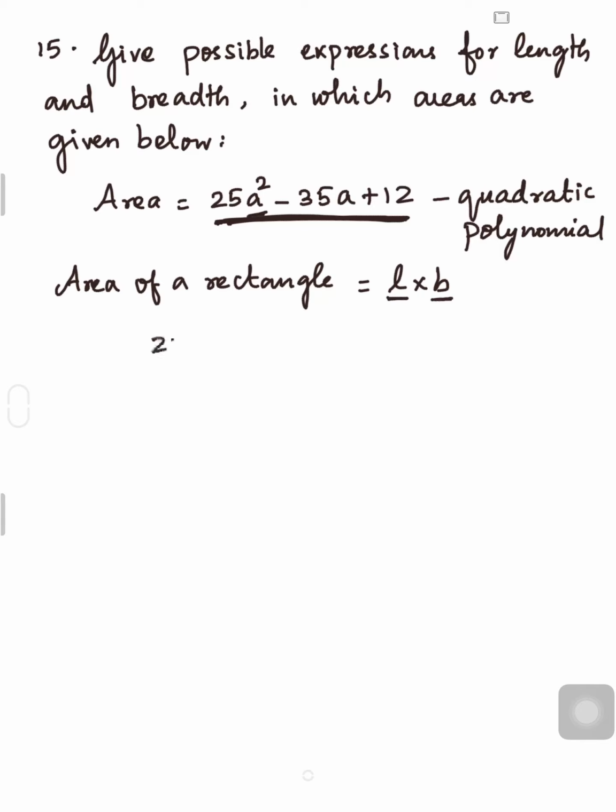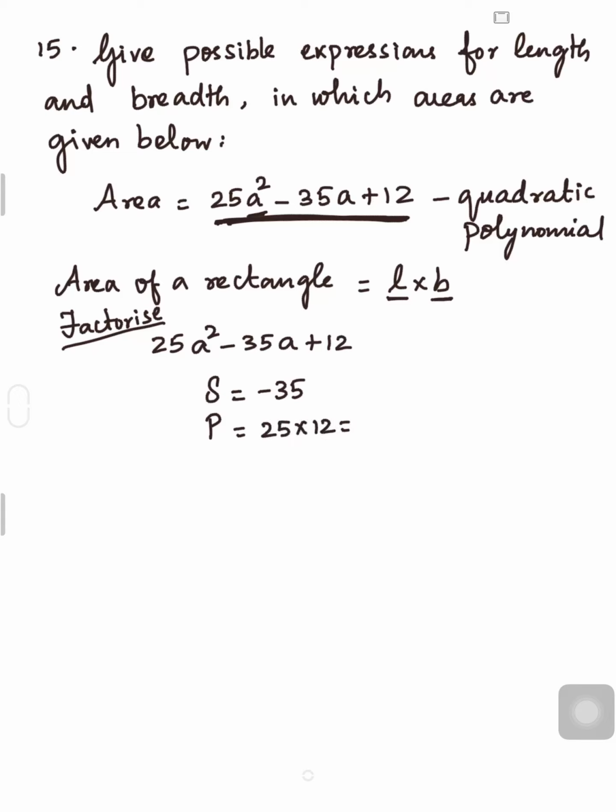So what we are going to do here? We are going to factorize 25a squared minus 35a plus 12. Since it is a quadratic polynomial, we use the factorization method. The sum here is minus 35. The product is 25 into 12, which is equal to 300.